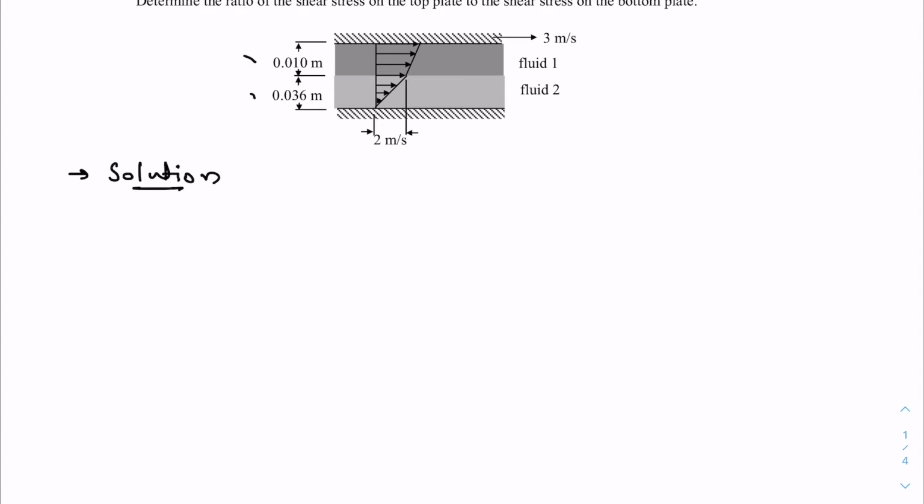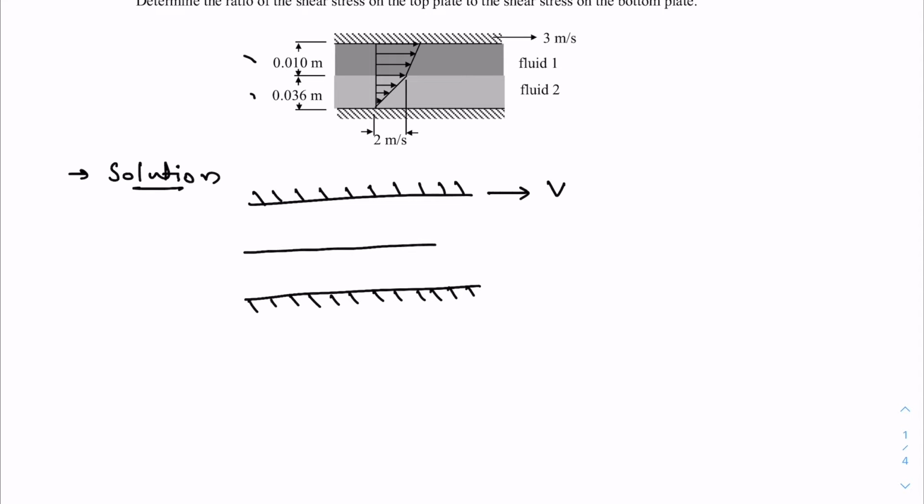this situation again. So we have a top wall which is moving with velocity, let's say capital V. The bottom wall is not moving, it is stationary. This is the interface between fluid 1 at the top, fluid 2 at the bottom, and let's say this is the kinematic viscosity, specific gravity.